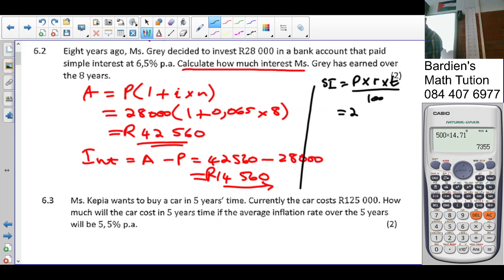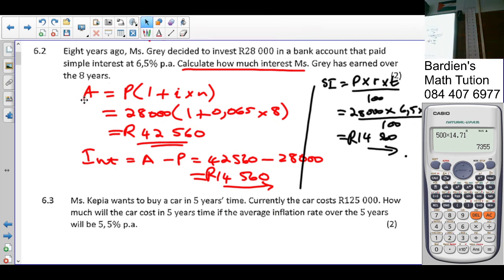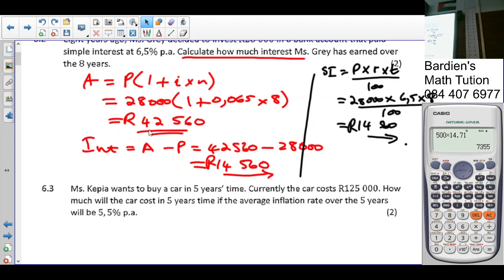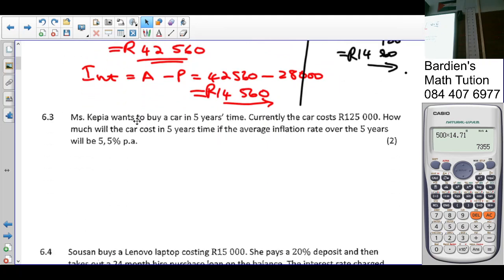Your principal is 28,000 times your rate, which is 6.5, times your time, which is 8 years, over 100. That should have given you 14,560. That would have sufficed for 2 marks. Remember, the formula is not given in the exam. So memorize the formula.